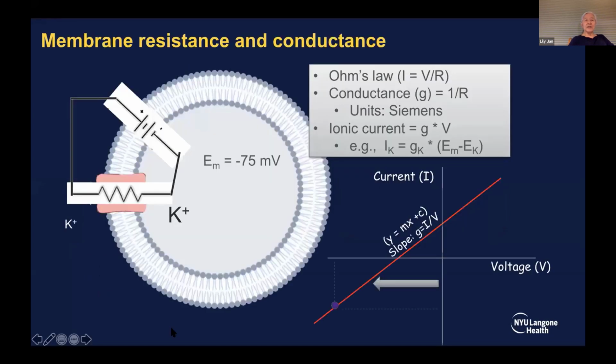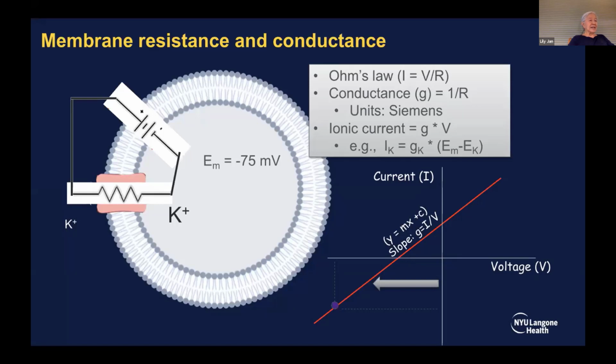So now we go to a cell. In this case, the battery could be a stand-in for the electrochemical gradient or the electrochemical driving force for the ion, which can go across the membrane through the channels.